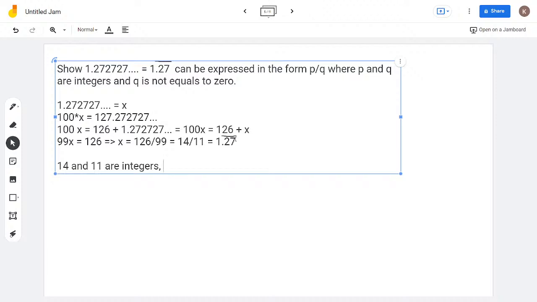The denominator, which is q, is equal to 11, which means it is not equal to 0. So we have written 1.27 bar in the form of p by q.